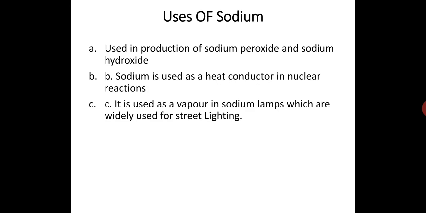Number two, sodium is used as a heat conductor in nuclear reactions. It is also used as a vapor in sodium lamps, which are widely used for street lighting. You know our street lighting, that's what we use.